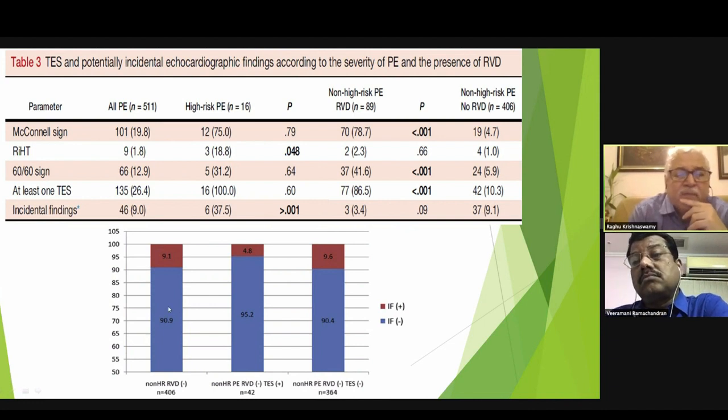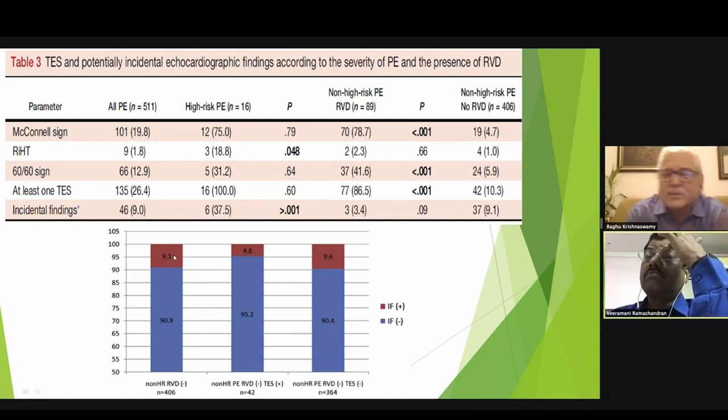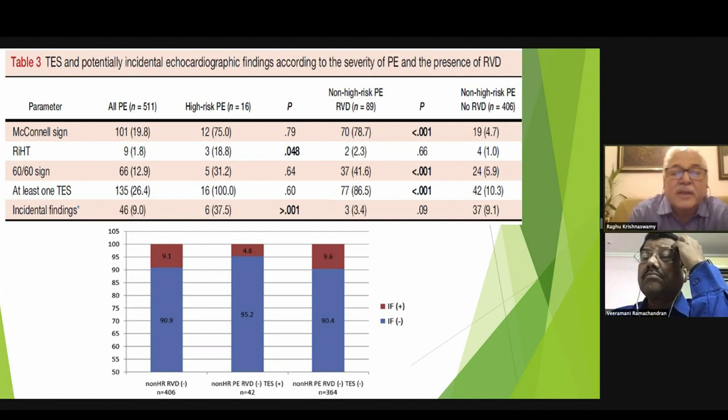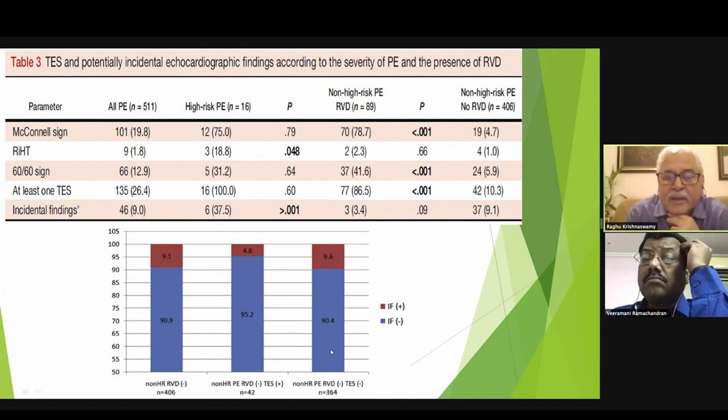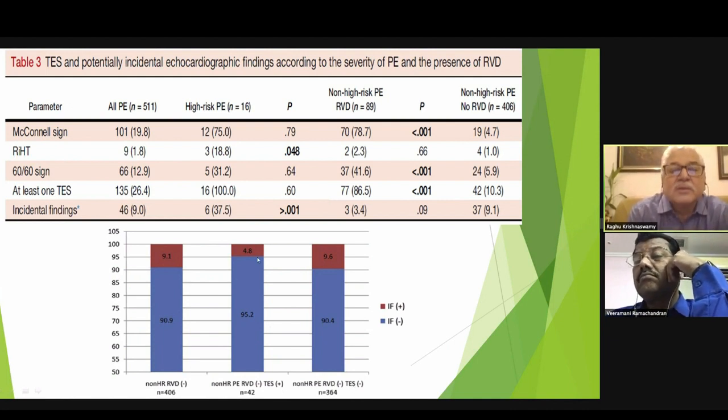Now, what they found was, in all the 406 patients with non-high-risk pulmonary thromboembolism and with negative RV strain, they found incidental findings of other conditions, like say left heart disease, mitral stenosis, maybe 9.1%. And even in patients where one of the typical echocardiographic signs was present, the incidence was 4.8%.